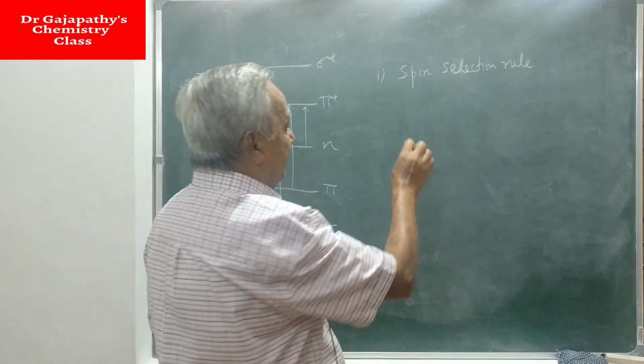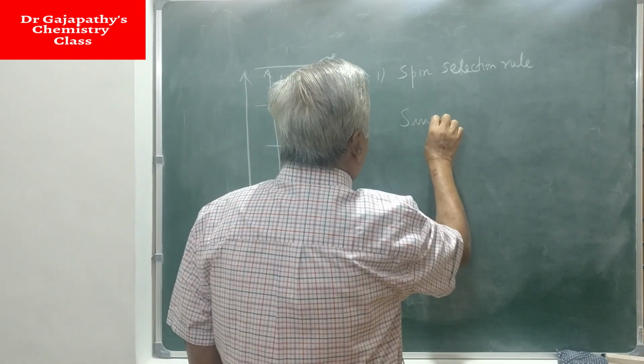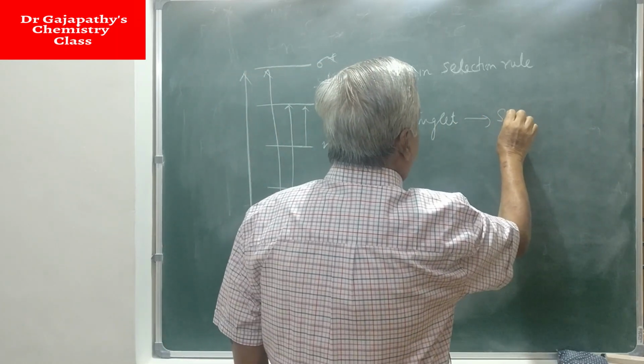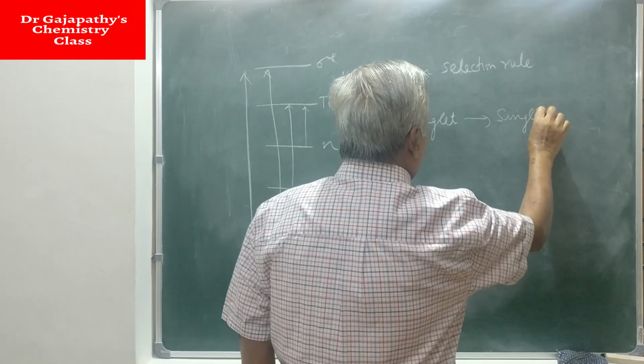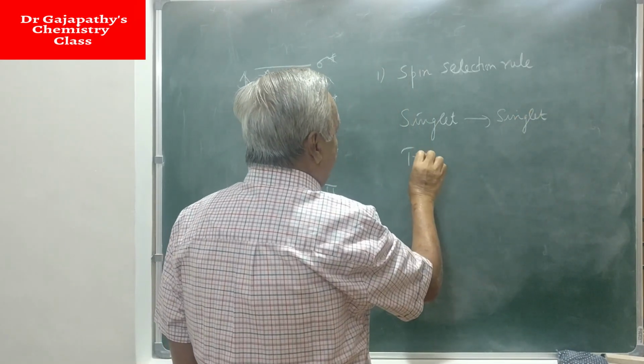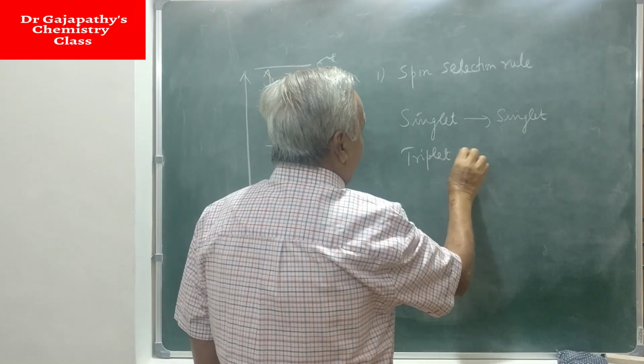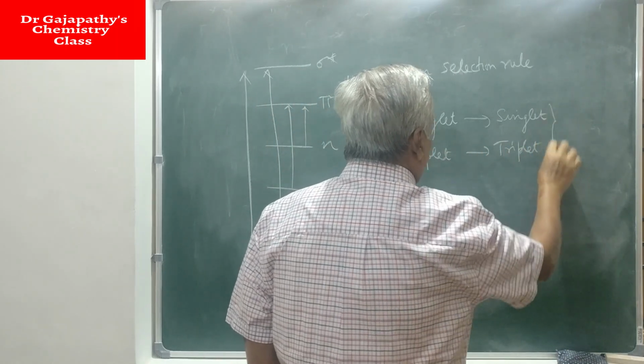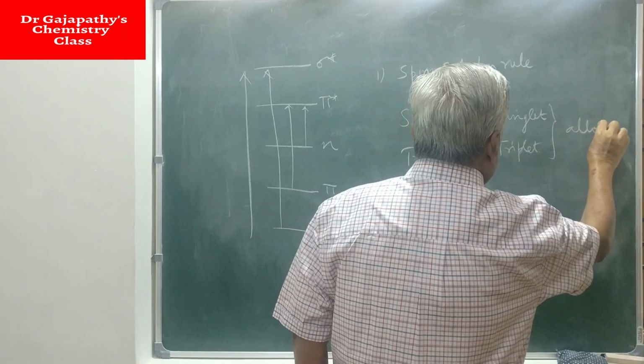If the ground state is a singlet, the excited state should also be a singlet. If the ground state is a triplet, the excited state should also be a triplet. These are the allowed transitions.